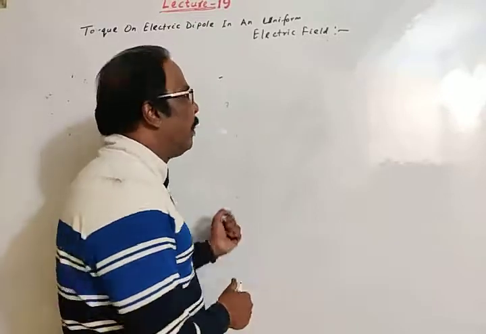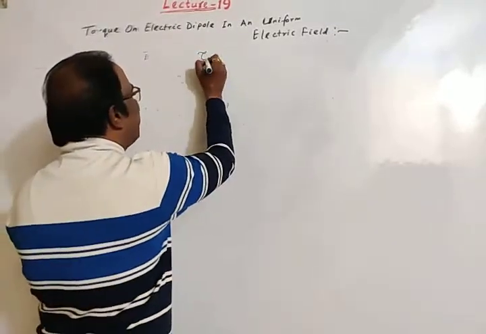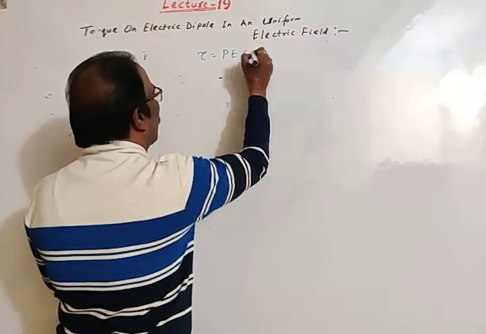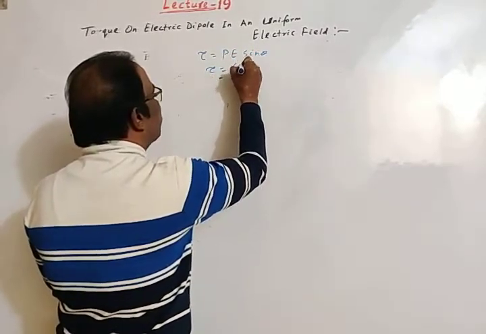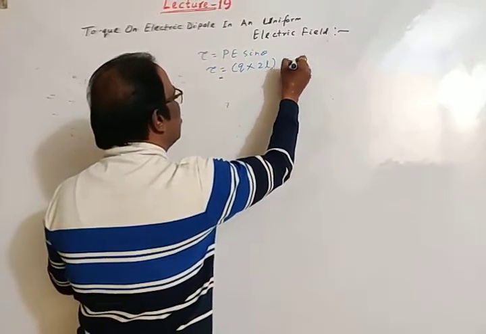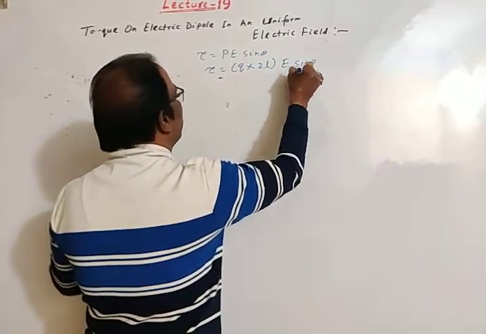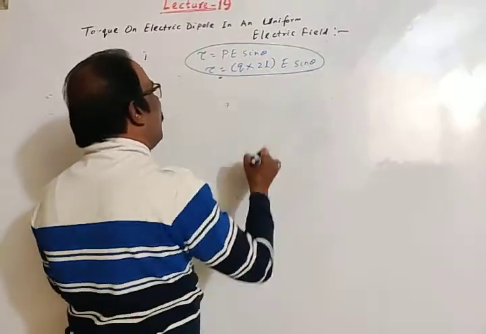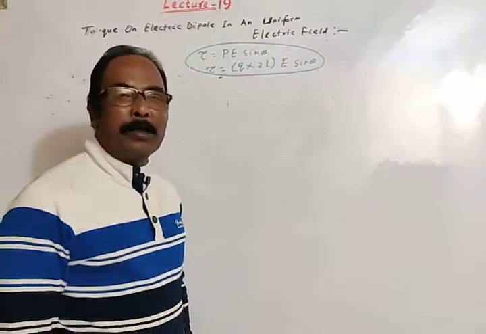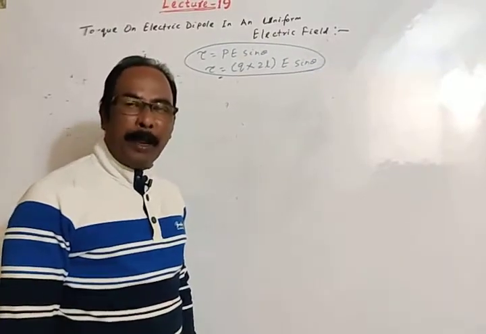Just put the formula. The fundamental formula is: magnitude of torque is pE sin theta, or torque is q into the distance between the two equal and opposite charges into E into sin theta. On the basis of this formula, you will get numericals on board base or fundamental base.